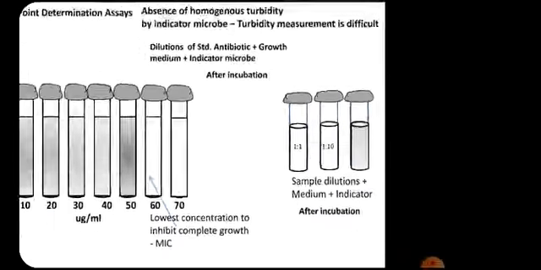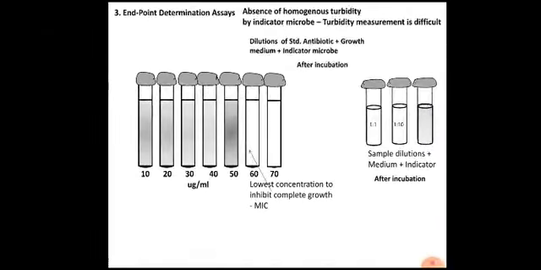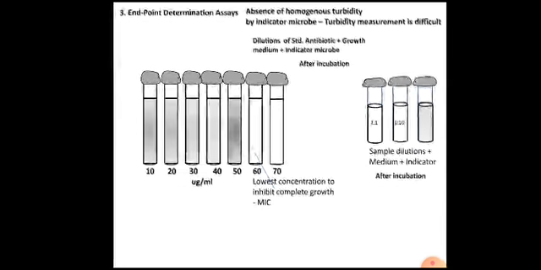This means that this 1:10 tube contains 60 micrograms per ml of antibiotic. So this is the highest dilution and lowest concentration of antibiotic that inhibits the growth, 1:10, and that is compared with this set.